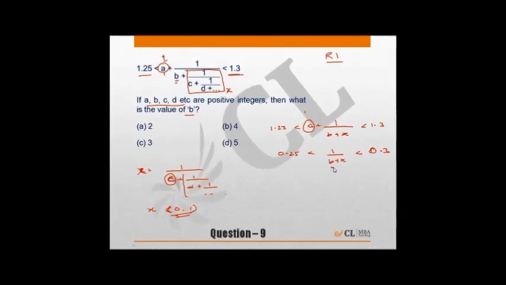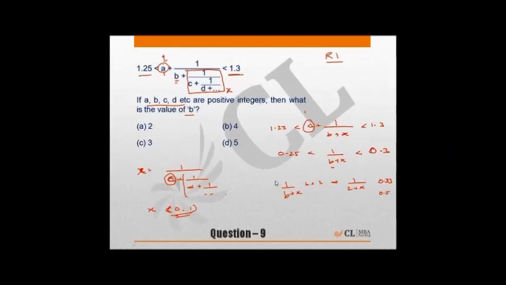Let's start checking the choices. If b is equal to 2, then what will this imply? 1 upon 2 plus x. The maximum possible value will be a shade under 1, so that will be 0.33. And if x is very small, then this value will be about 0.5.